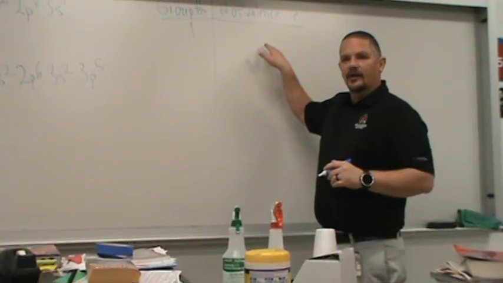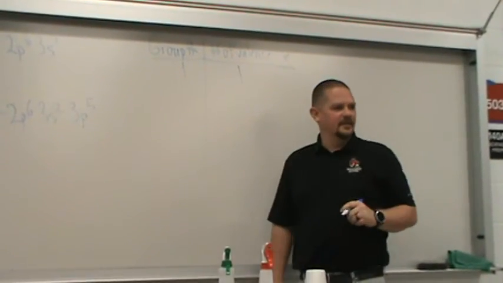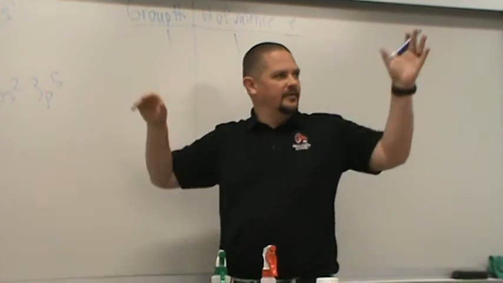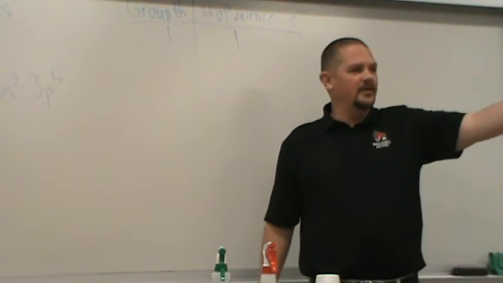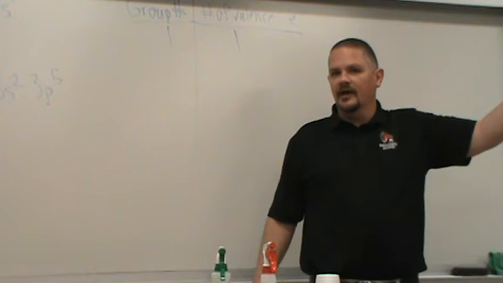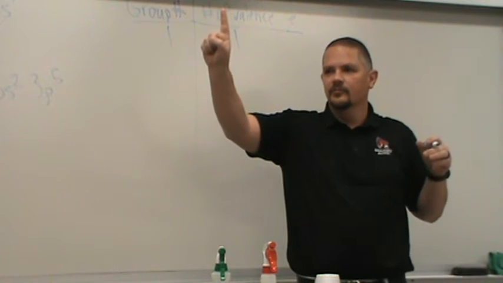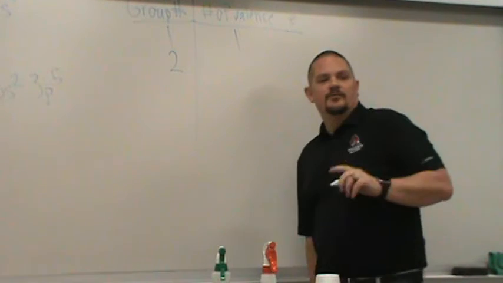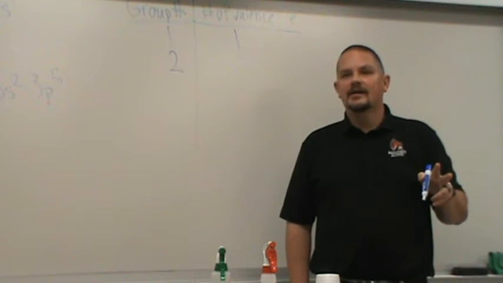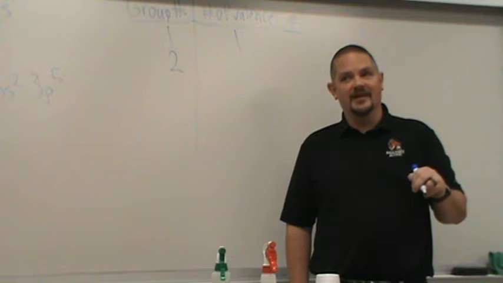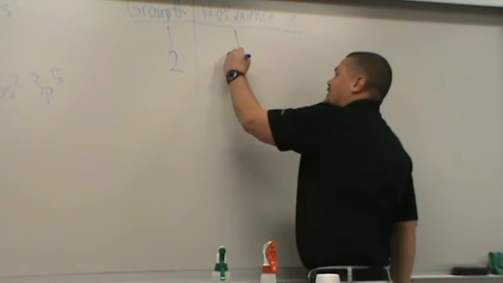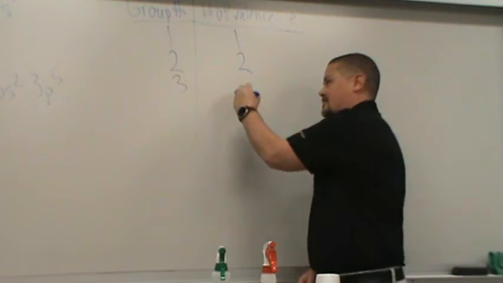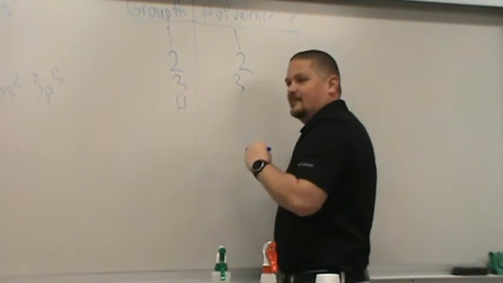Group 1, they are going to have 1 valence electron. Well, we kind of saw that with sodium. So if we did the electron configuration for all the elements in group 1, their highest energy level would only have 1 valence electron. Okay? Now if we go to group 2, guess how many valence electrons they're going to have? 2. Group 3 is going to have 3. 4 is going to have 4.